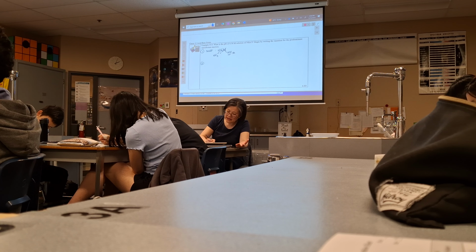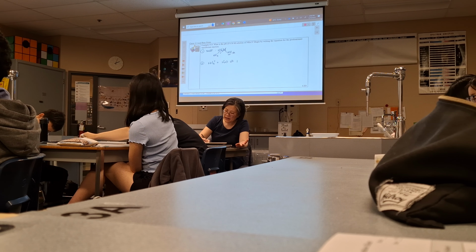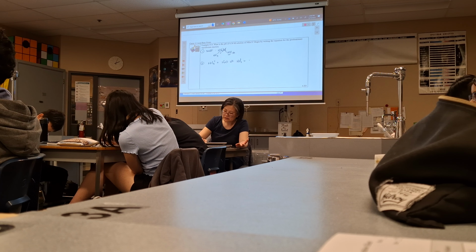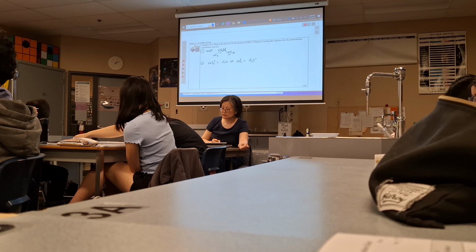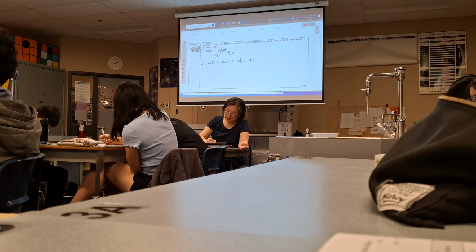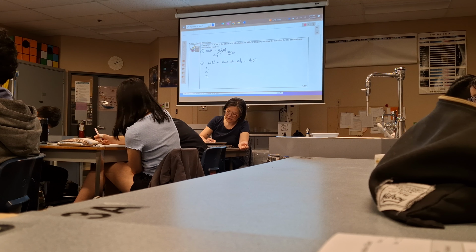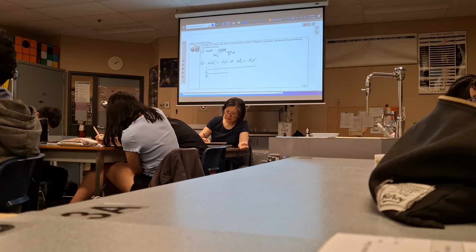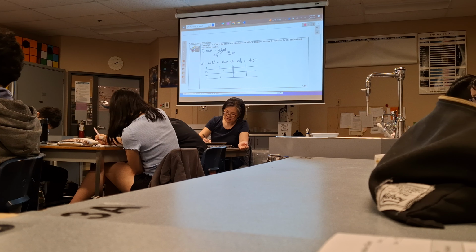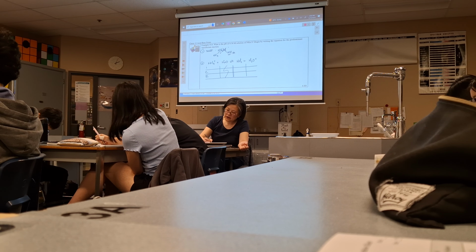Now that we have seen that NH4 is going to react with water, we can go ahead and write out the equation. And so now we have our ICE table, and then I have my 0.30, 0, and 0.